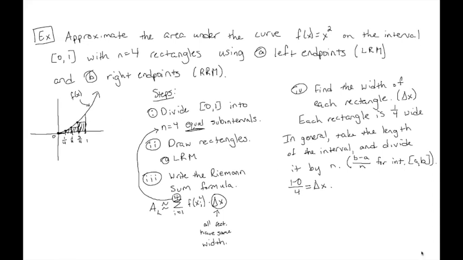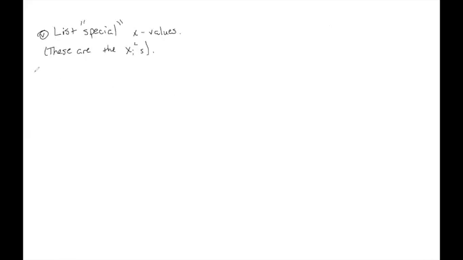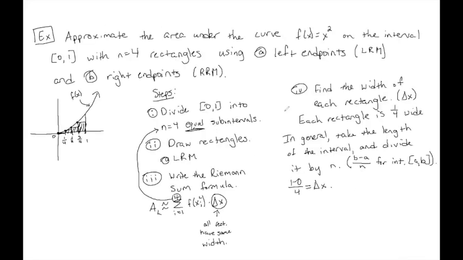So in this case, I have the first one. This i denotes which number rectangle I'm looking at, because i goes from 1 to 4. There are 4 rectangles. This horizontal line is the first one. Here's the second, third, and fourth.